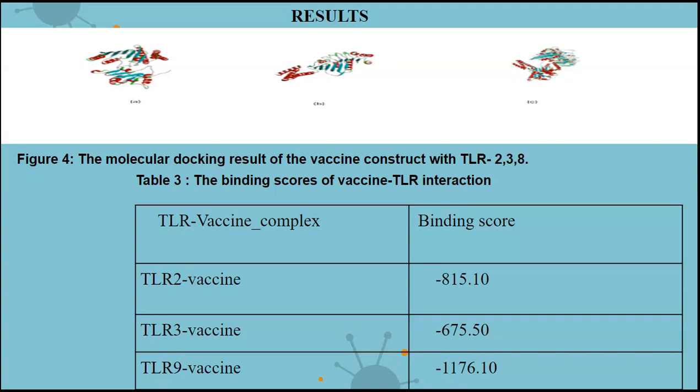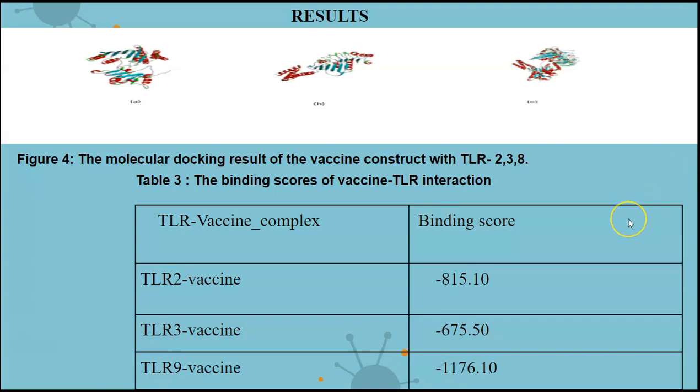Our results show that the Lassa messenger RNA vaccine has a high binding affinity for toll-like receptor 9. Looking at the binding score below, which is minus 1176.10, the lower the binding score, the higher the affinity for the interaction between these molecules.